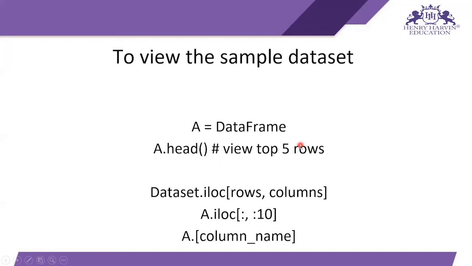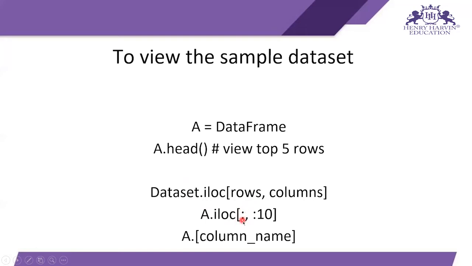And if I want to see specific columns and rows of a data frame, then I can type dataset.iloc with rows and columns. I have the dataset in the variable a, so I type the name of the data frame or dataset, then dot iloc, and here I type the starting number of rows and the ending number of rows.